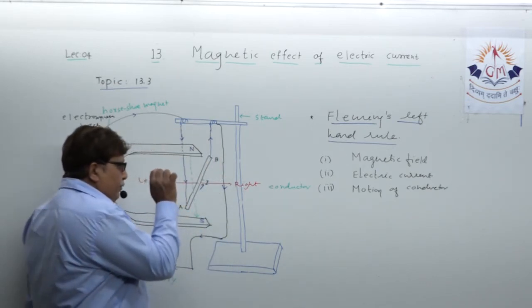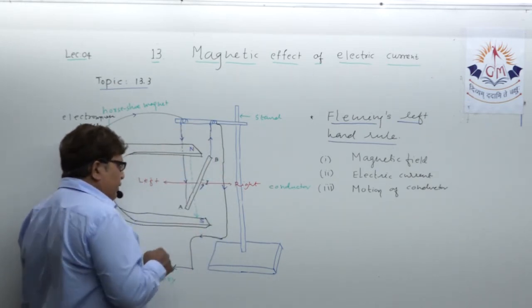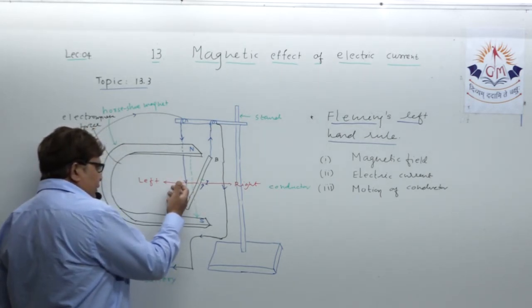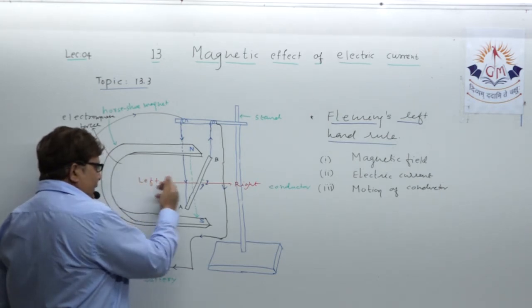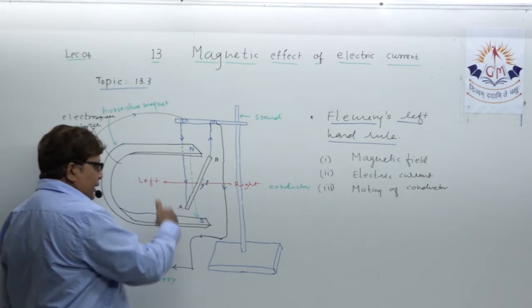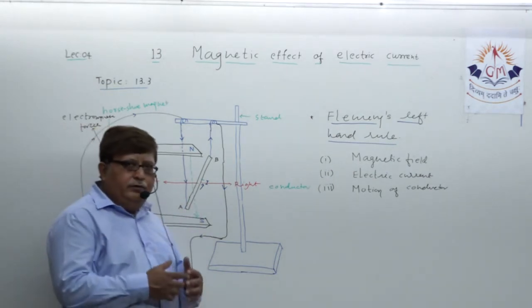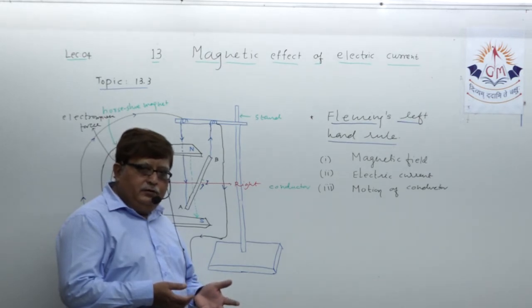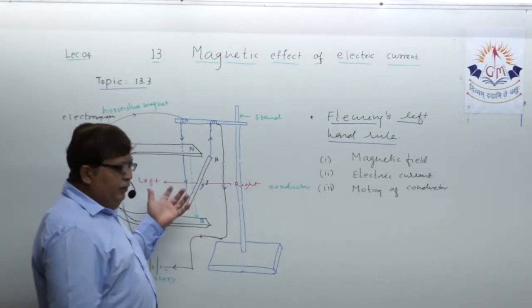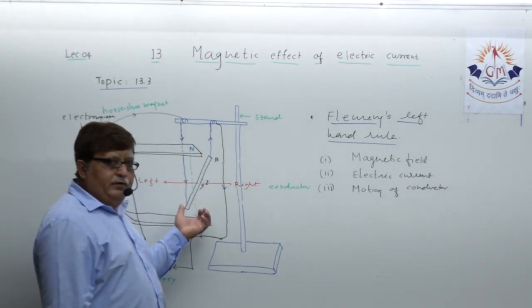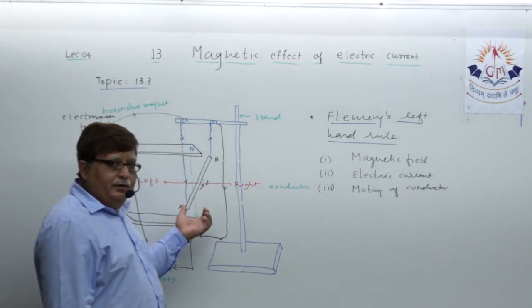Actually, with this Fleming's left hand rule, don't mix it up with what was said just now, that the direction of motion of the conductor is left or right. It depends on the situation, how you are performing the experiment, how you are keeping the magnet, how you are passing the electric current.